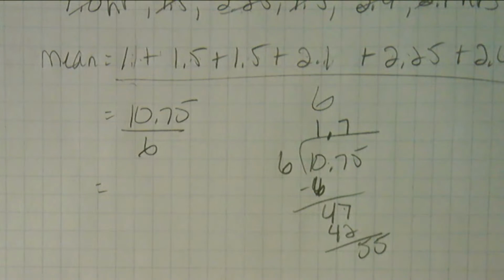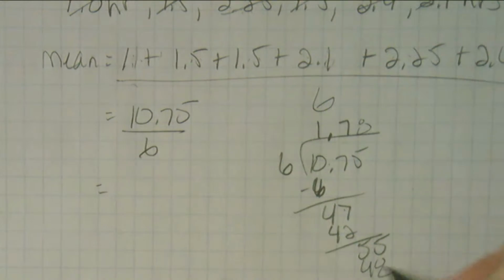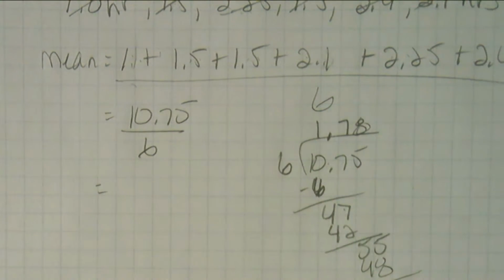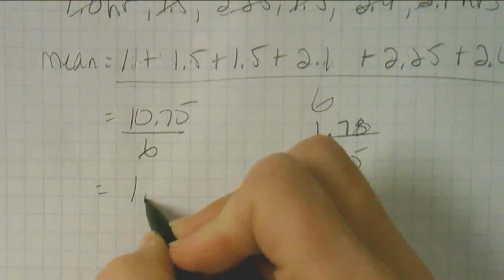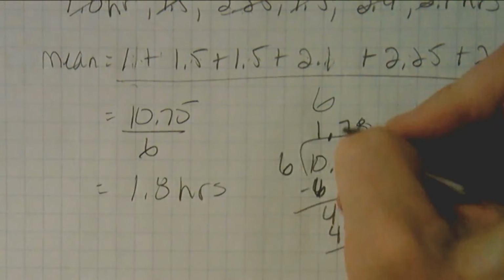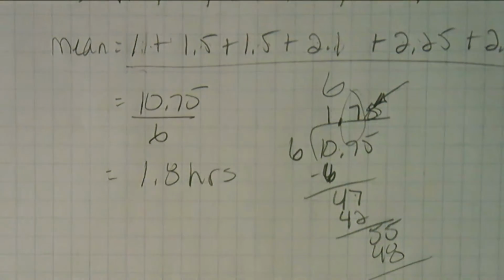Well, 6 times 8 is 48. 6 times 9 is 56. This is going to be 8 times. The directions were round to the nearest tenth. So that's as far as I need to go, which means I'm going to round this to 1.8 hours. Because I need to round to the nearest tenth, I have to take it to the hundredths.